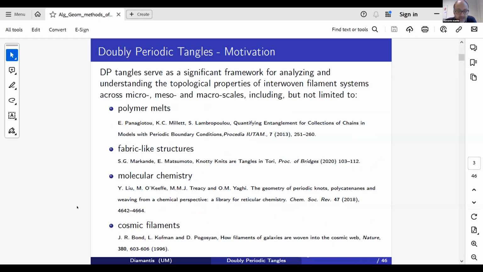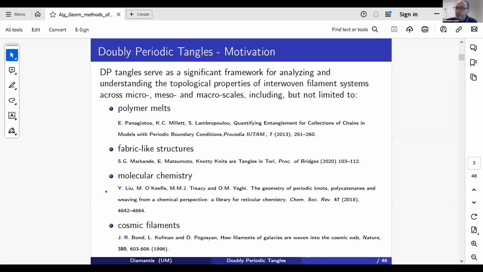These are just some examples which are very important. And our approach so far corresponds to all of them. So we want to have a universal mathematical language to study DP tangles. And that's what we started doing last year. And we were impressed by how many things were not known about these DP tangles.